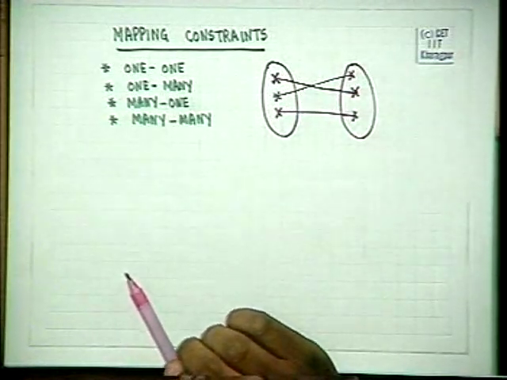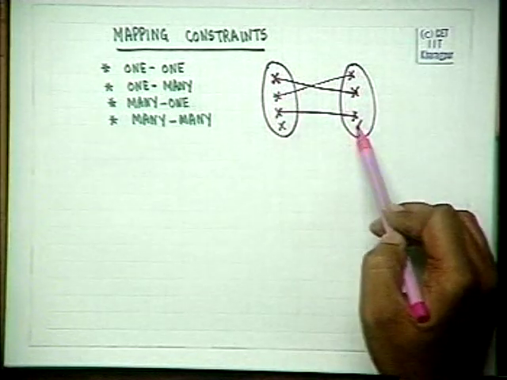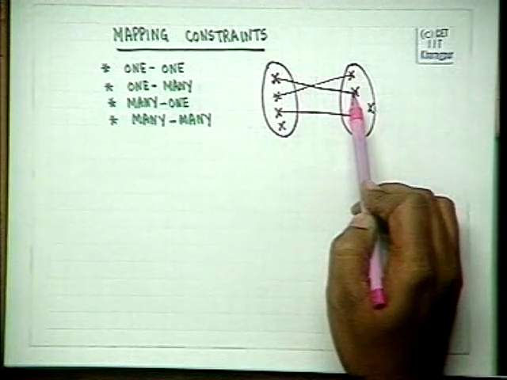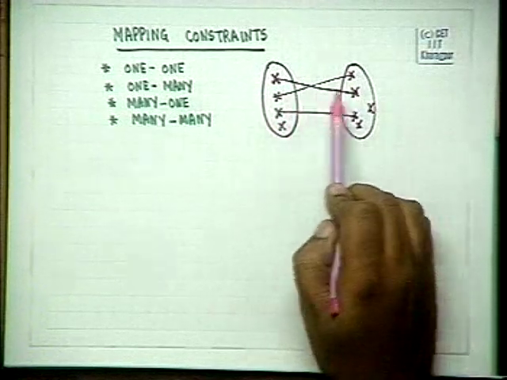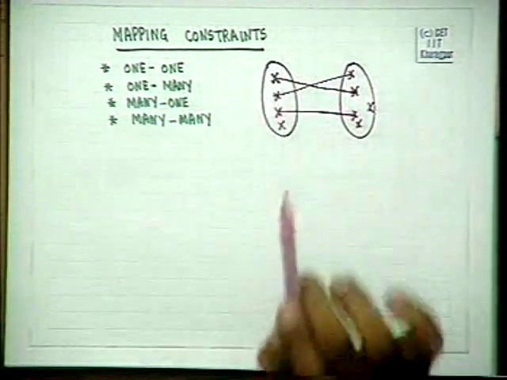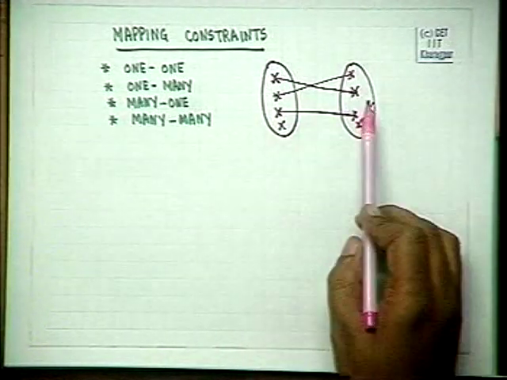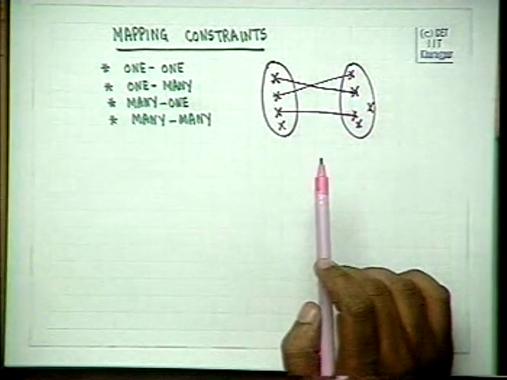One to one defines this situation, that elements, if they are mapped, will be mapped to only one element. From this side, this element can have only one mapping here and this element can have only one mapping. But this does not mean that an element must be mapped to somebody else. That is a different property called the surjective property.